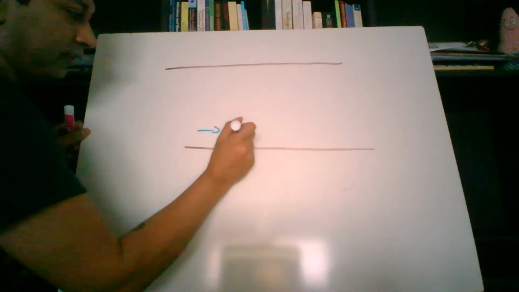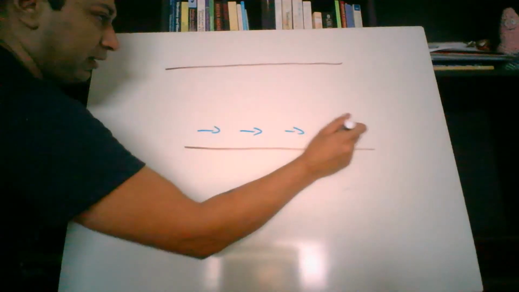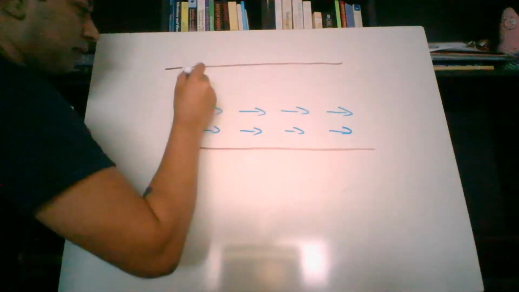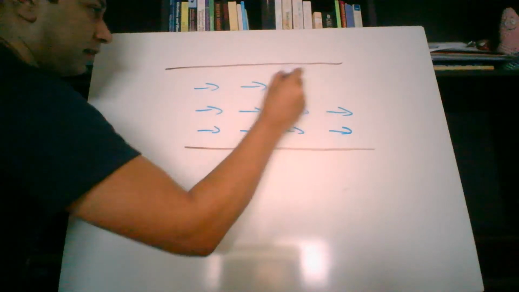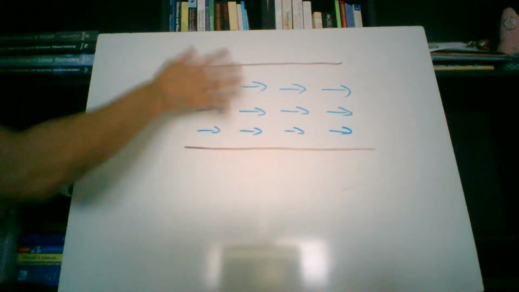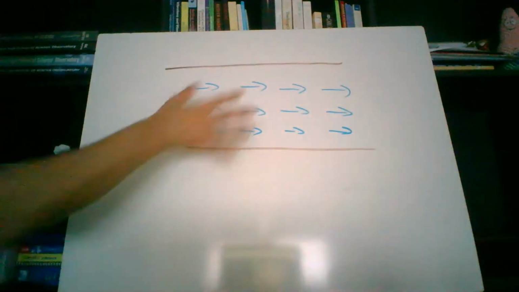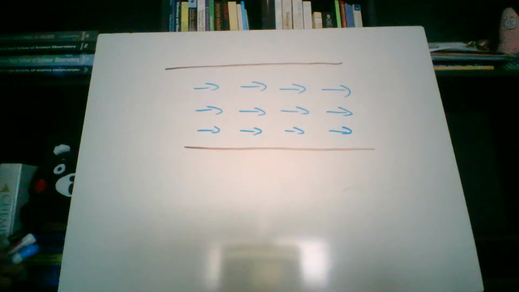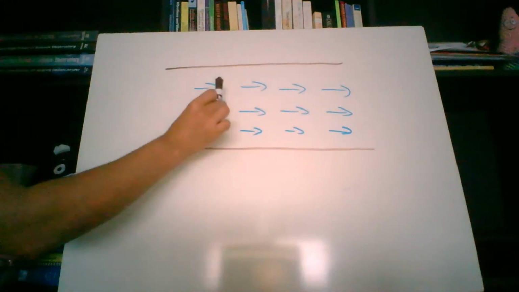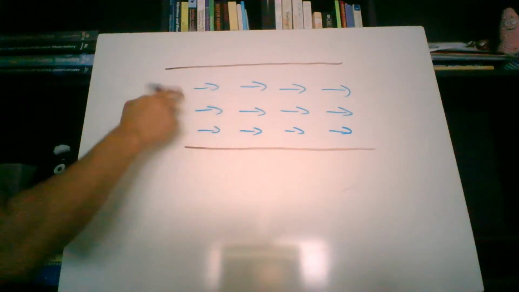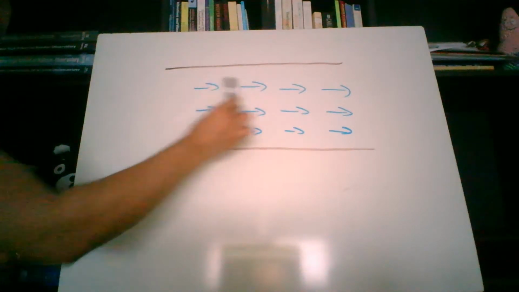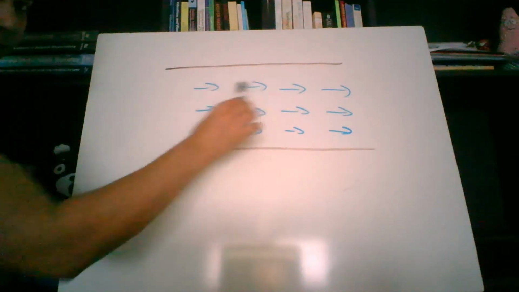So you got vectors here, here, and all across the stream. Okay, so I've got this uniform vector field that's all going in that direction with the same size. Now, if I take a log, let's say here's my log right here, this pen, and I just drop it right here and I let it go, well, because the vectors here, here, and here are all the same size, they're going to push on this log with the same amount, right?